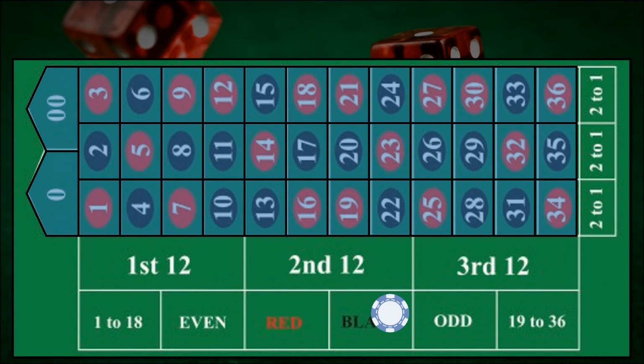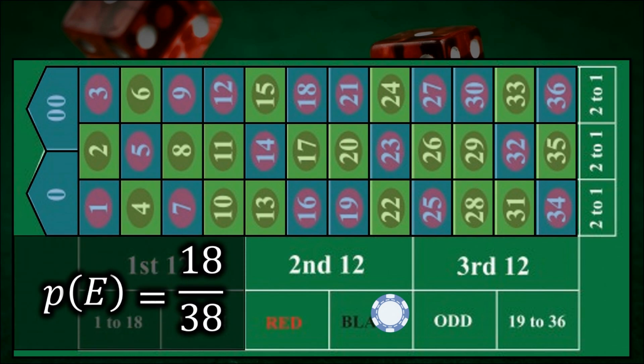What fraction of them are in my event? Out of these 38, what percent of them are black? And in this case, 18 of them are. Out of the 38 total possibilities, 18 of them are in this event.